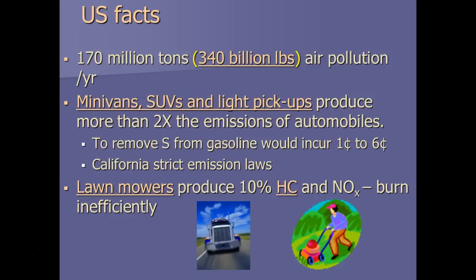Again, catalytic converters are being used on, I know, minivans and SUVs. California does take the sulfur from gas, and this is the cost per gallon, 1 to 6 cents.